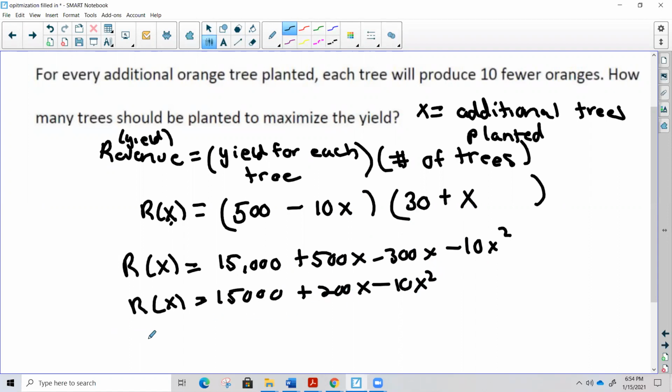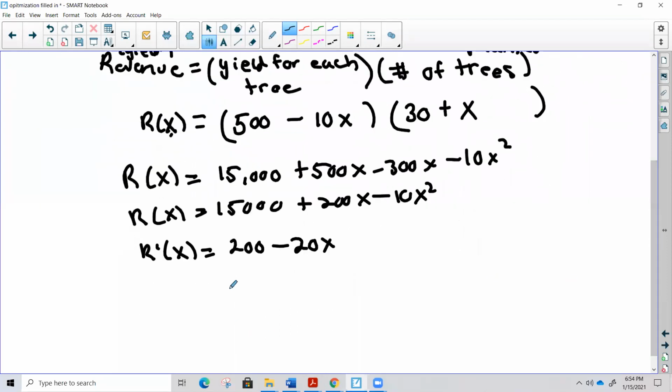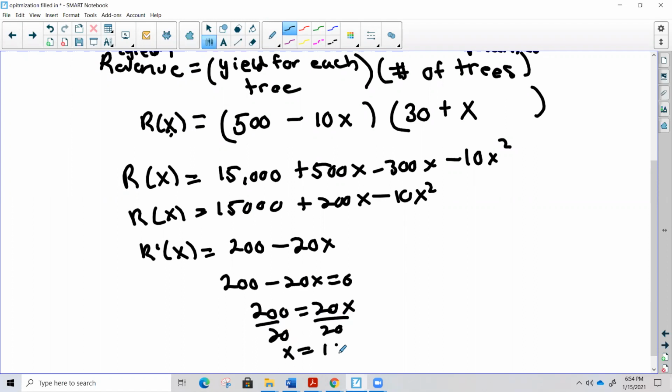So I combine my like terms and take the derivative. 15,000 goes to 0, 200X is 200, minus 10X squared is minus 20X. I'm going to set this equal to 0 and then solve for X. So I would add 20X to both sides, and then divide by 20, and I get X equals 10.